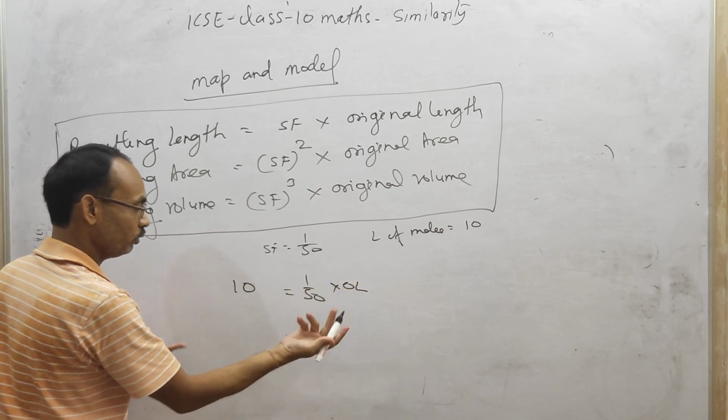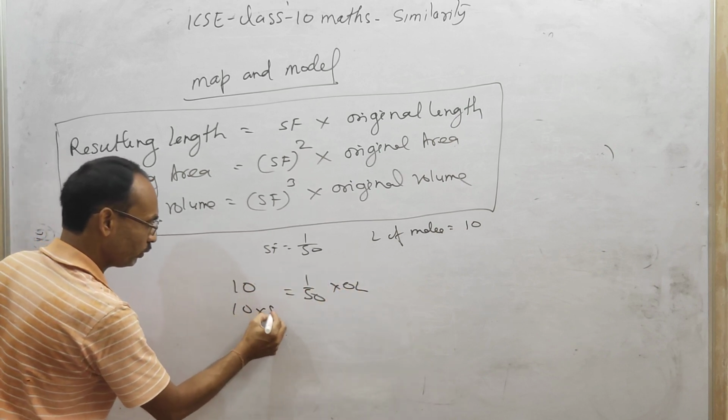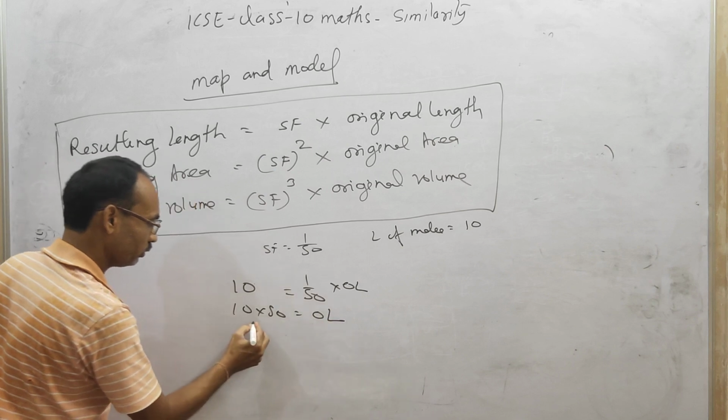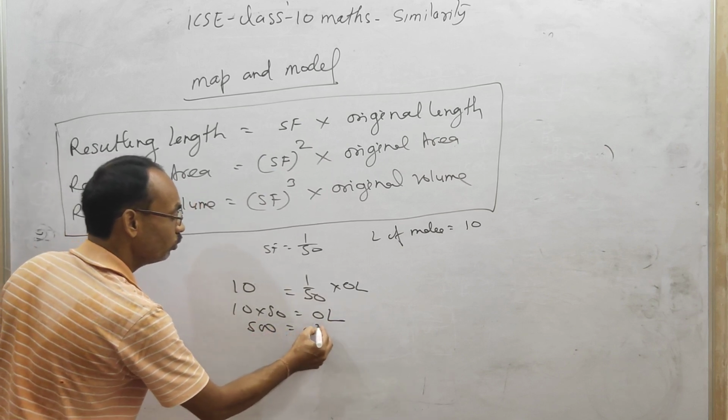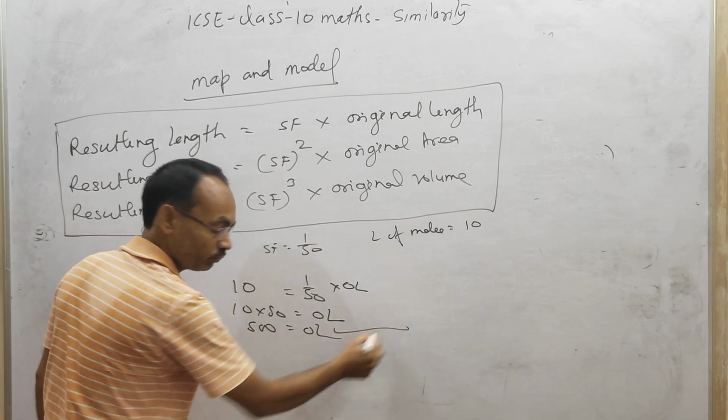So 10 into 50 is equal to the original length, which is 500. Original length is the answer.